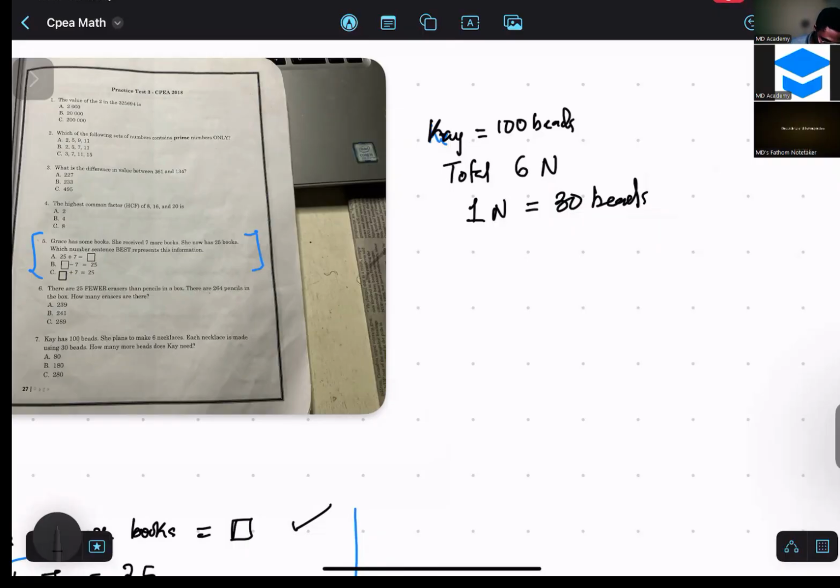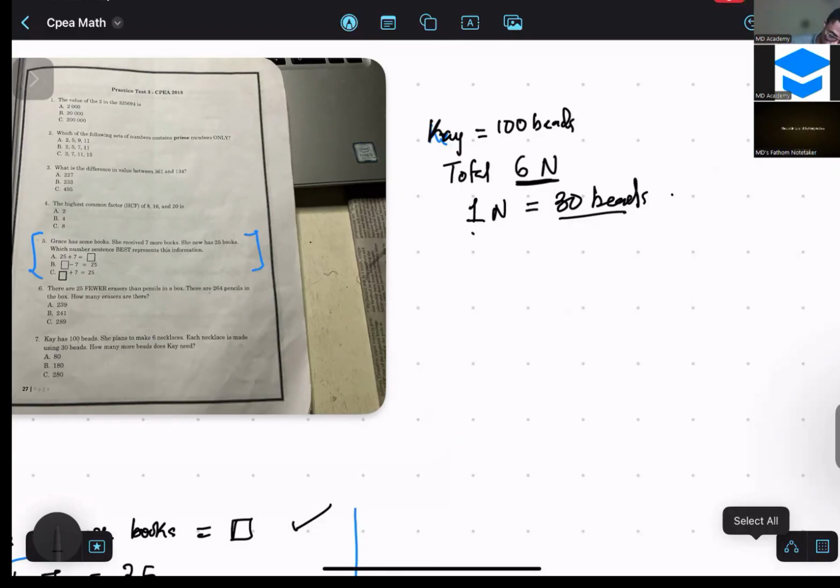So now, how many more beads does she need? All right, so she wants to make a total of 6 necklaces, and 1 necklace could be made using 30 beads. Then what this means is that in order for her to make 6 necklaces, she will need 30 beads into 6 places. 1 set of 30 beads, another set, until she can have 6 of them.